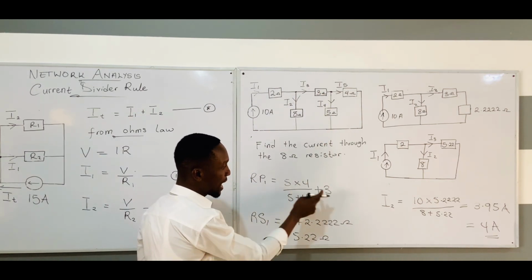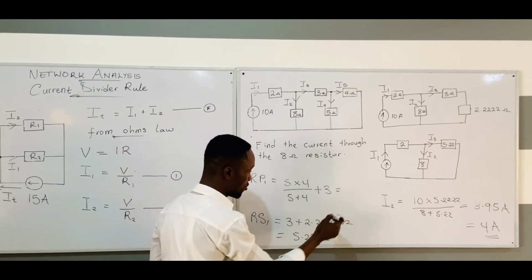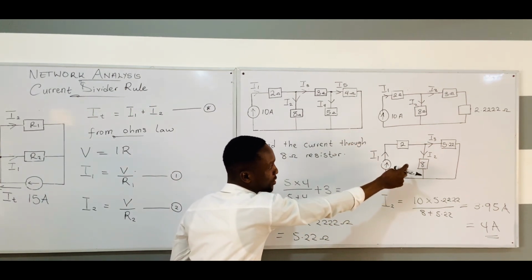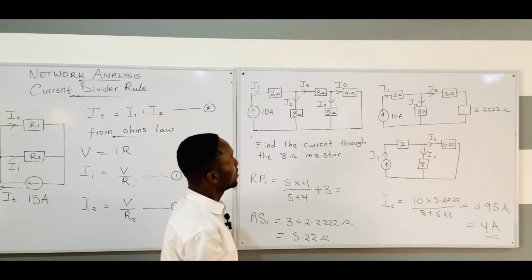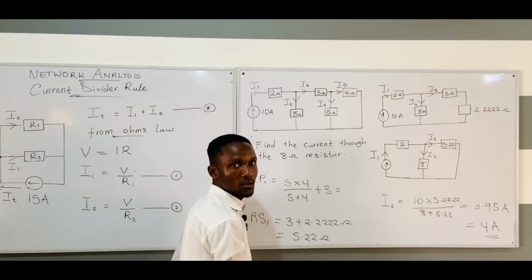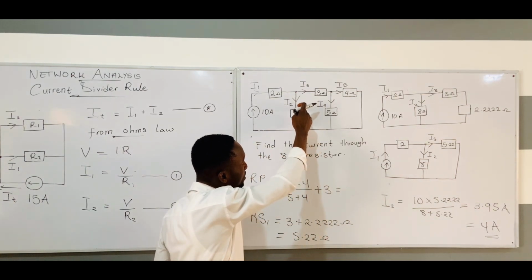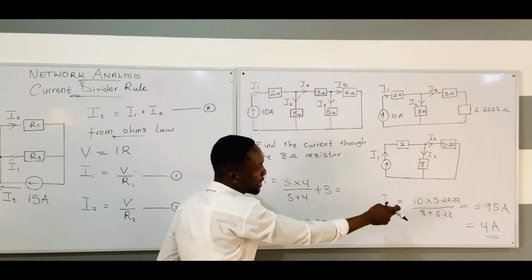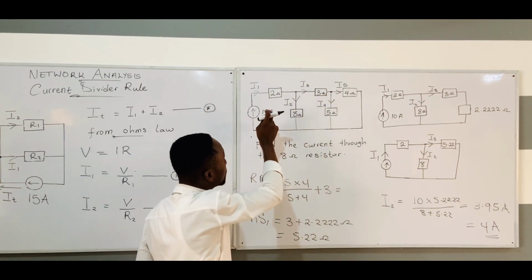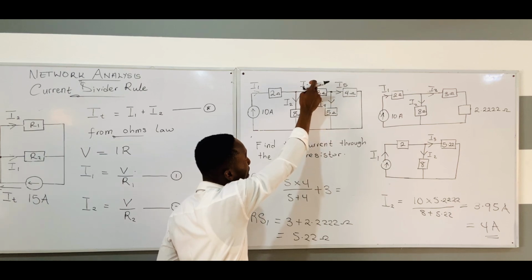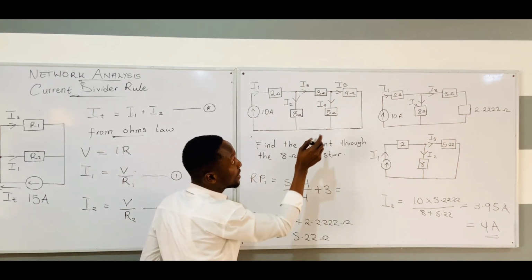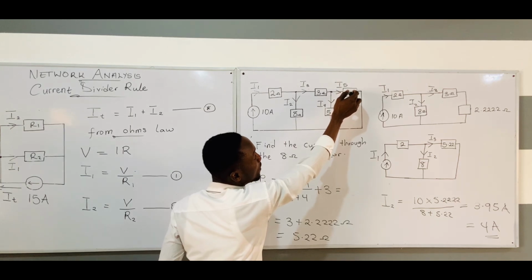Once I add my plus 3, the result will be 5.222. So straightforward, I can just draw this circuit and then calculate the current passing through this side. If you want the current passing through here, you just take this value and subtract it from 10, from I1, and you will get I3.